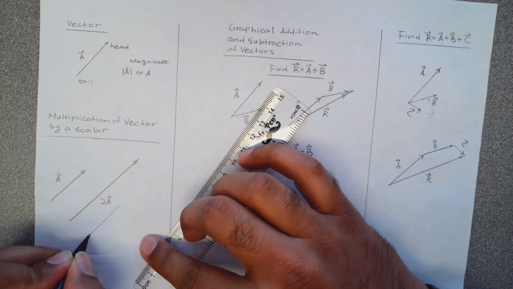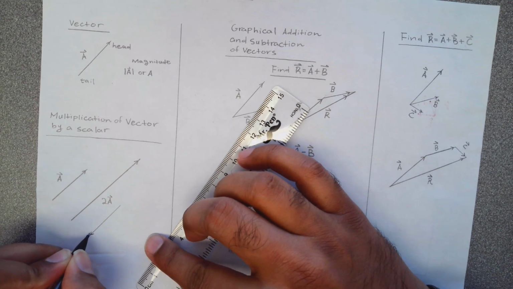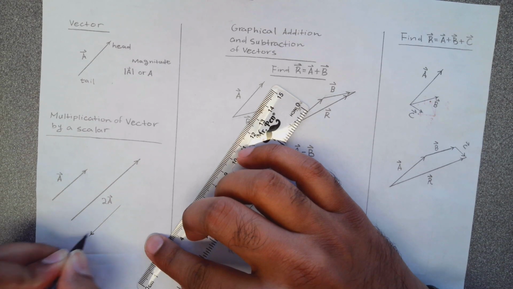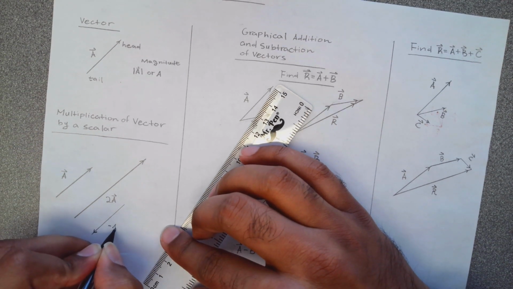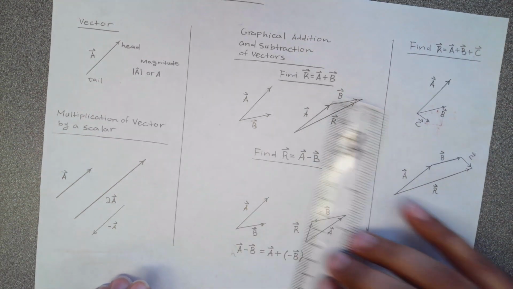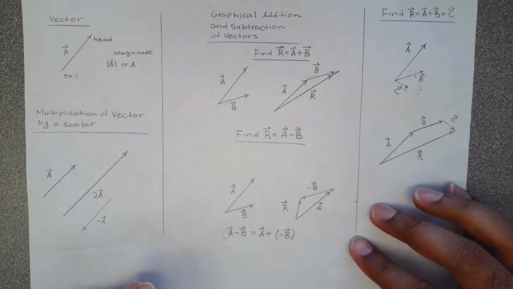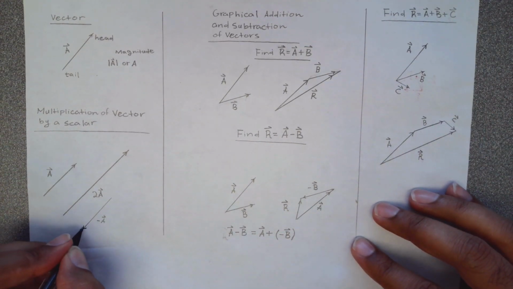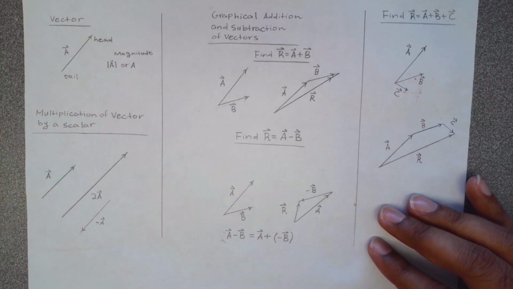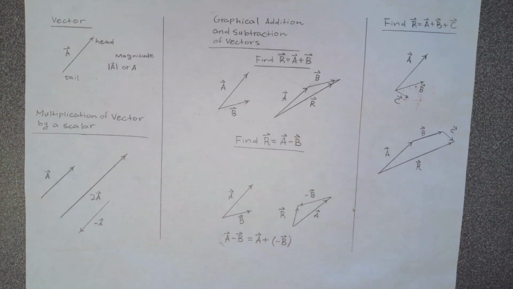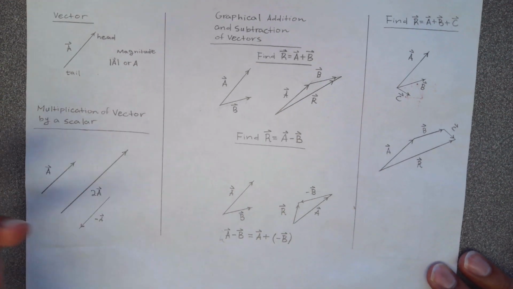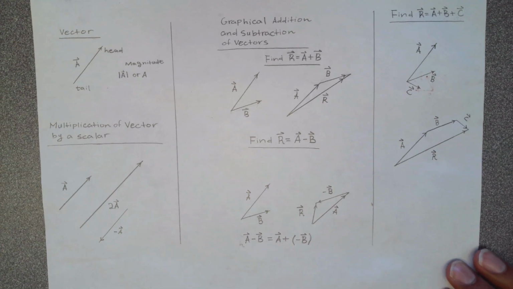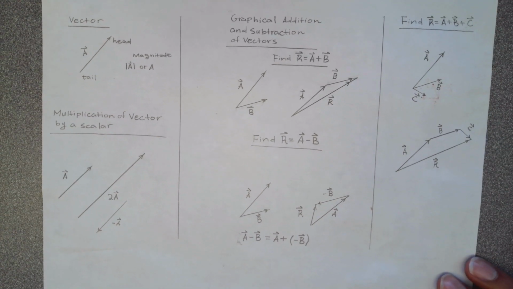So this will be negative A. It just goes the opposite way. This is the result of multiplying a vector by a scalar.